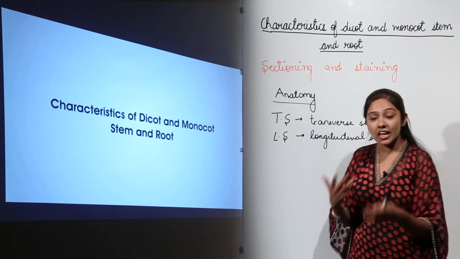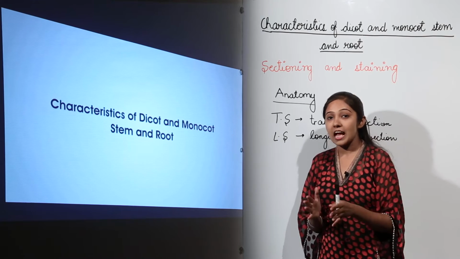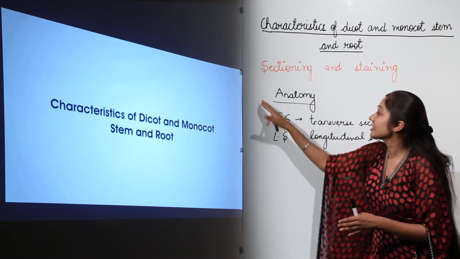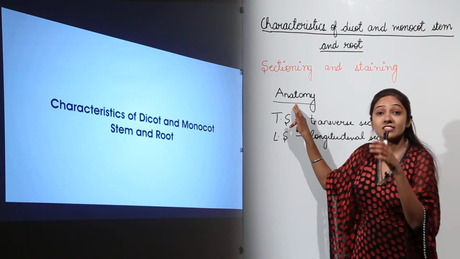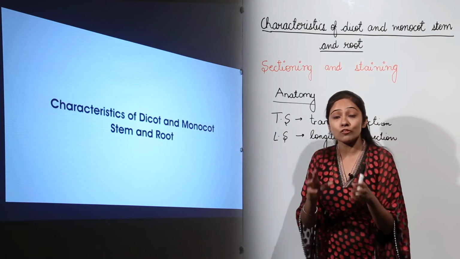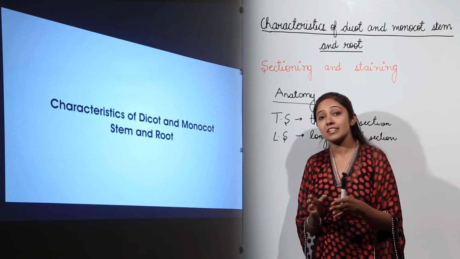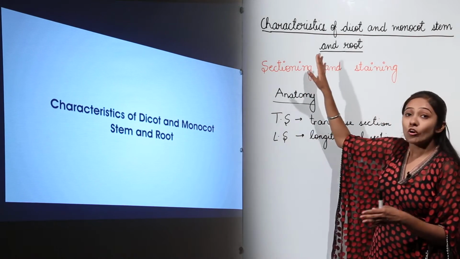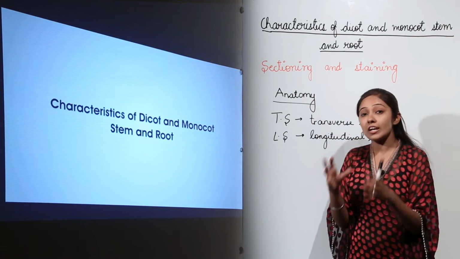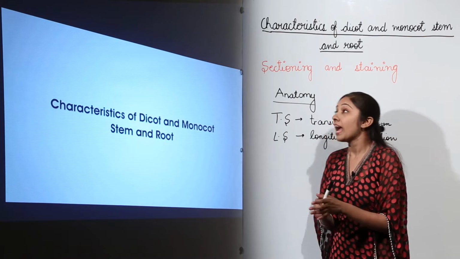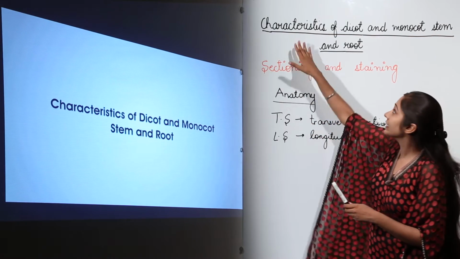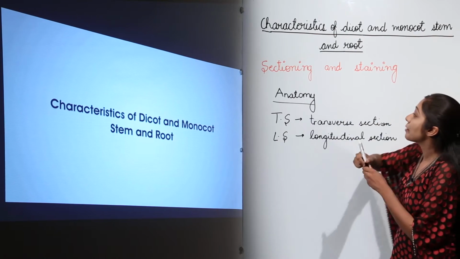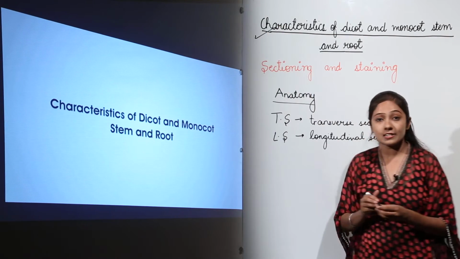So when you go into your labs, you should know how you actually study anatomy, that is the internal structure, the arrangement of tissues in monocot stem and dicot root. Now we are going to start with this, and we'll also have a view of how the structure looks under a microscope and how we are going to analyze the characteristics of dicot and monocot, stem and root. So let us start with this.